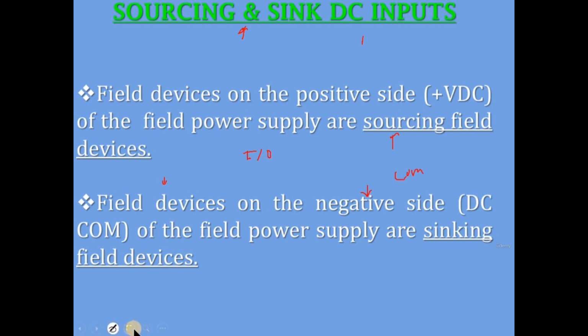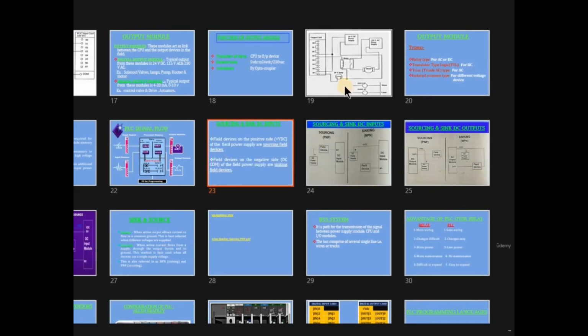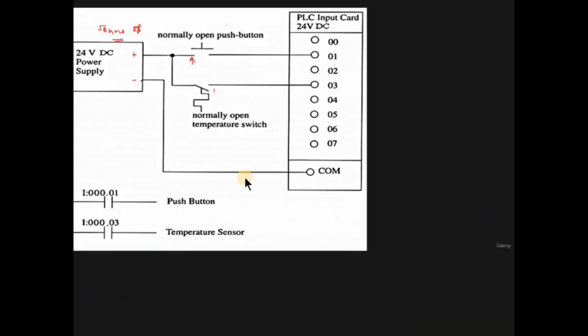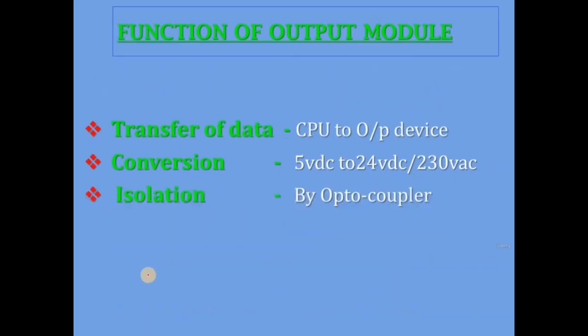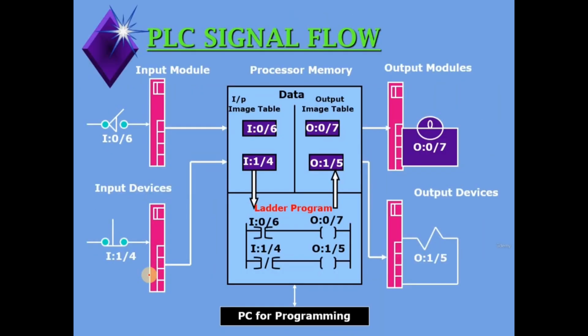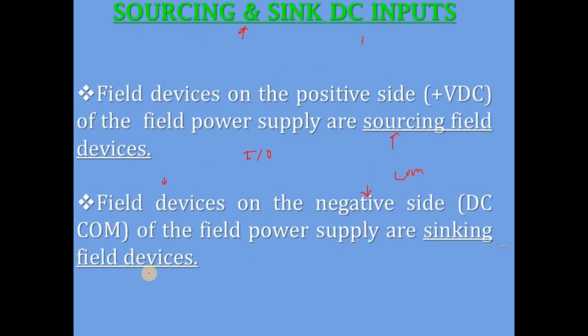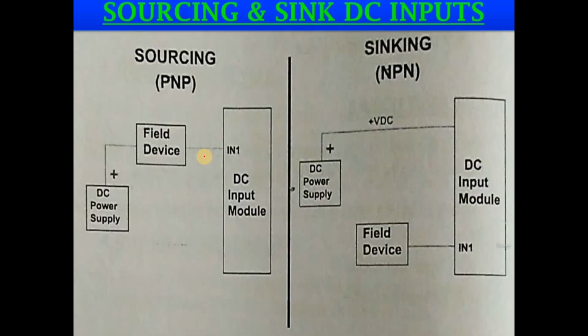Here I am showing you. As we have already discussed, this is the common. We need to connect the field input output device on the negative side of the power supply. Okay. For your better understanding, I am going to show you the connections of a source field input output device and the sink field input output device.